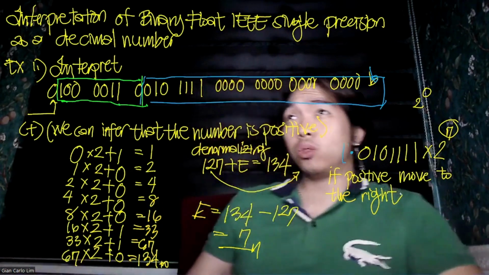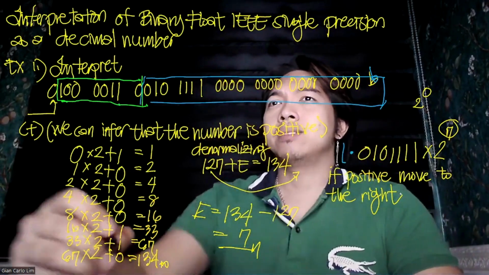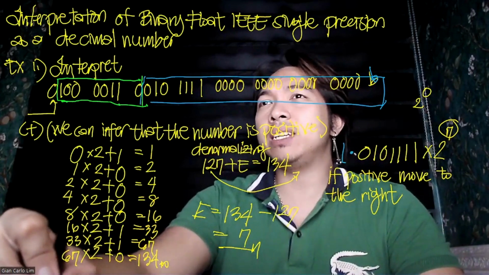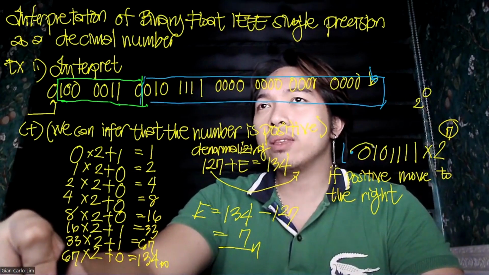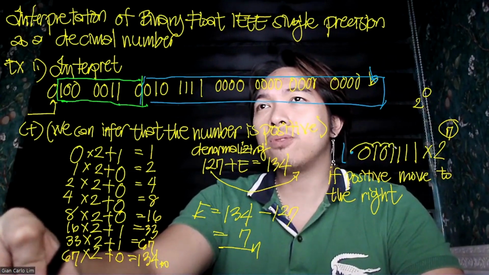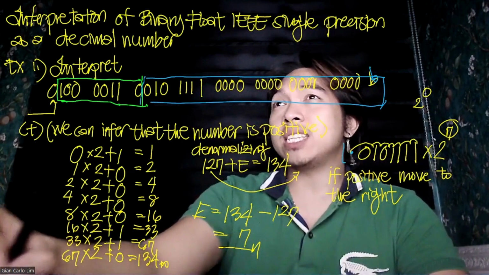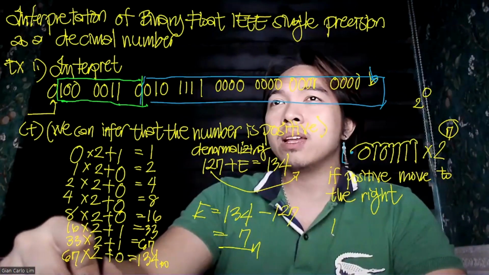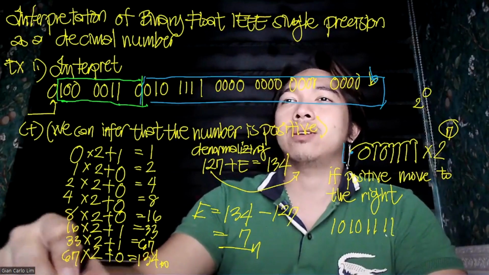So we move it to the right. Okay. Now, what's next? So move natin siya from decimal places 7 papunta sa may right. So therefore, 1, 2, 3, 4, 5, 6, 7 decimal places. So therefore, moving that 7 decimal places, that would be 1, 0, 1, 0, 1, 1, 1, 1.